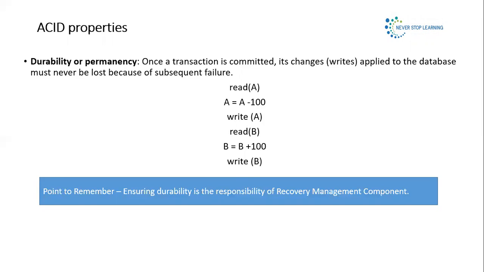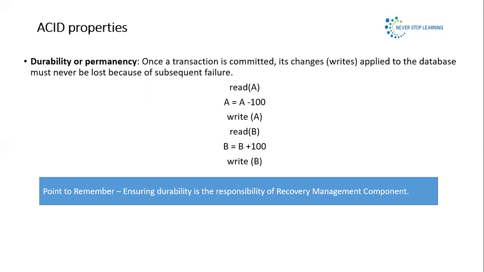Now, because of any kind of system failure or disk failure, this value should not get deleted from the database. It should be permanently stored, it should be durable in the database. Until and unless we explicitly change the database, the value should not get deleted or updated from there.